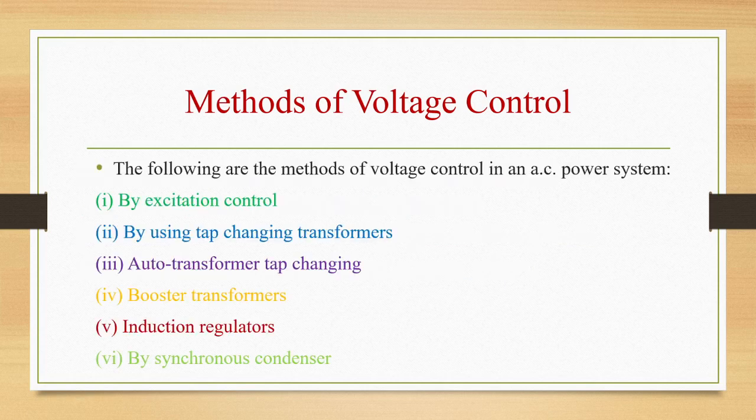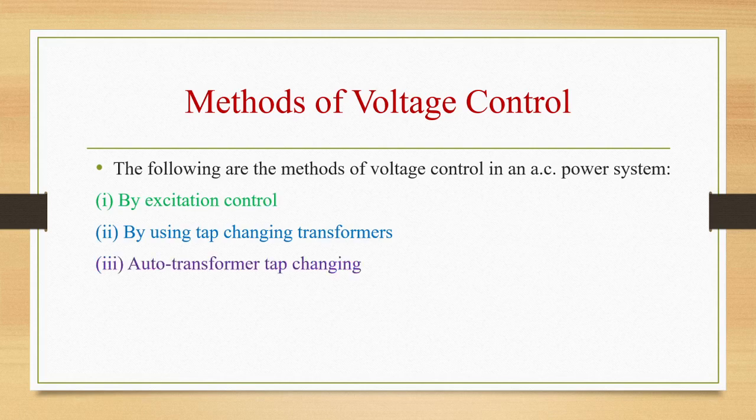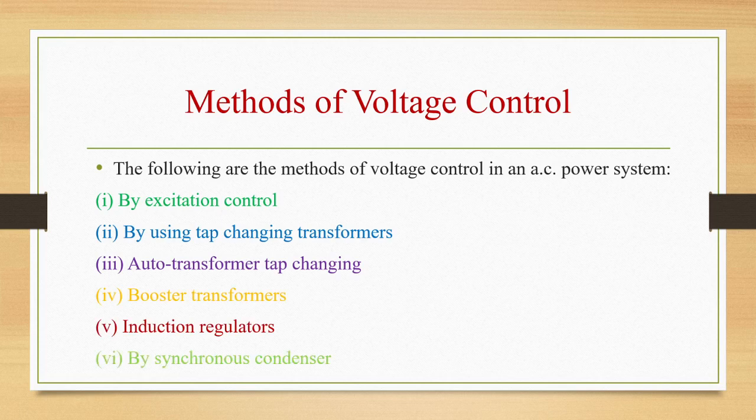So what are the various methods of voltage control, students? Excitation control, first one. Second one is tap changing transformers. Third is auto transformer tap changing. Fourth is booster transformers. Fifth is induction regulators.